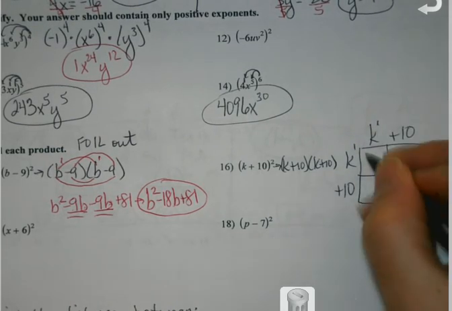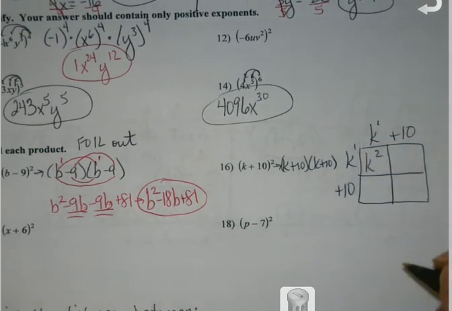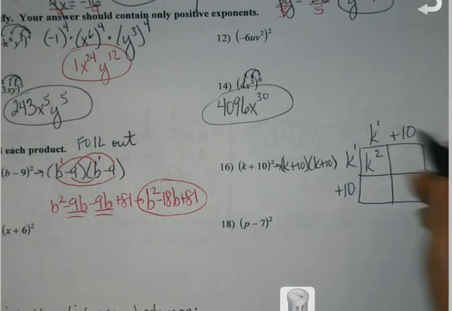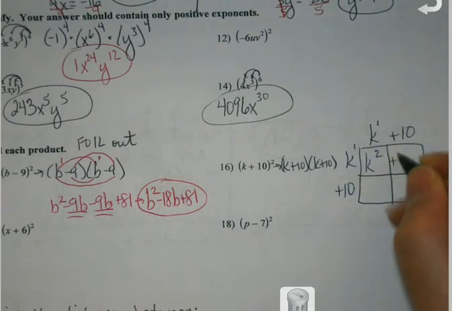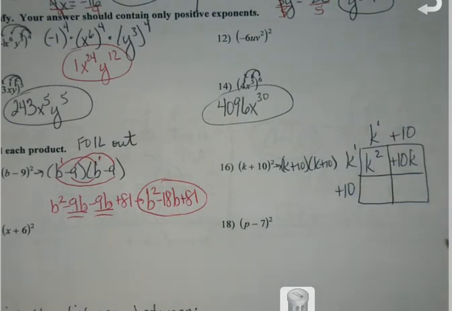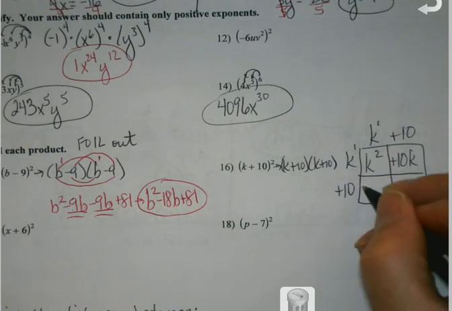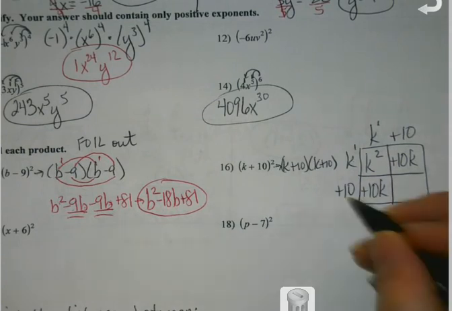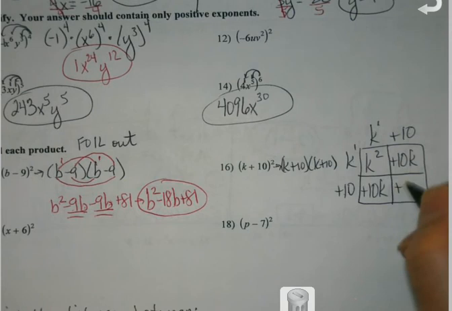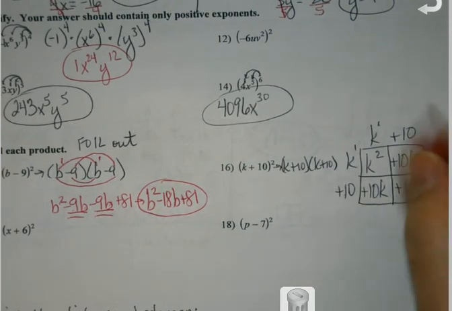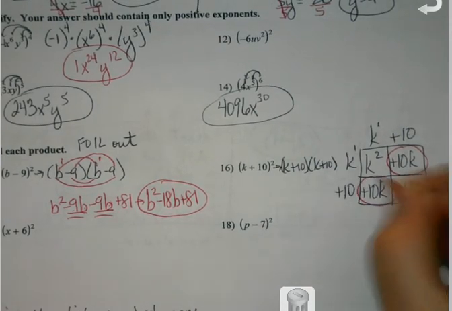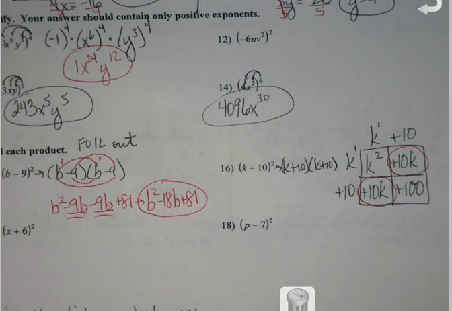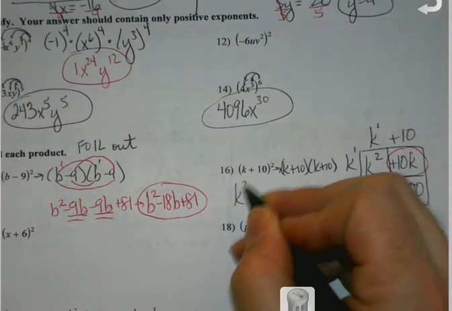k times k will multiply to fill the box. 10 times k is 10k. 10 times k is 10k. And 10 times 10 is 100. And my like terms will always be in the diagonal. So it kind of does some organizational work for me.